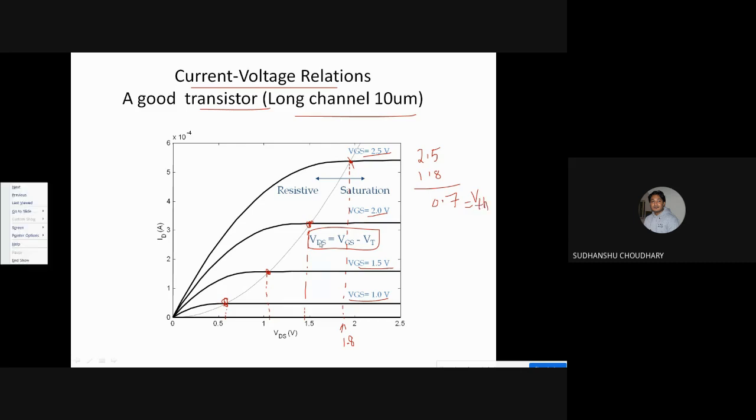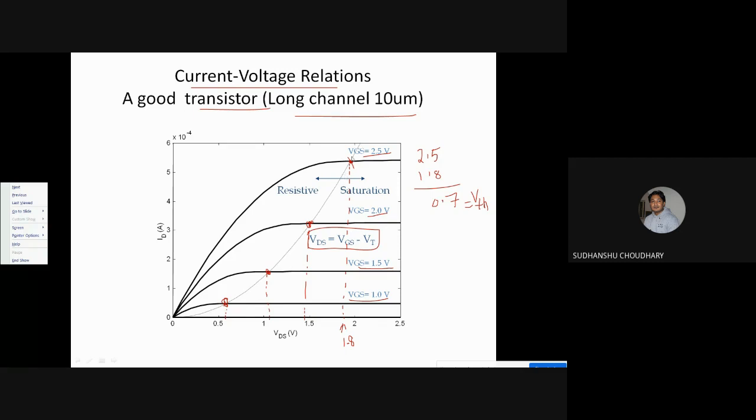That is why VGS minus VT is becoming equal to VDS. If VGS is 2.5 and VT is 0.7, then 2.5 minus 0.7 is 1.8. So VDS is equal to VGS minus VT, and the current is saturating. This is the IV characteristics for an N-channel MOSFET.